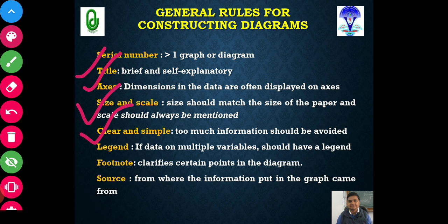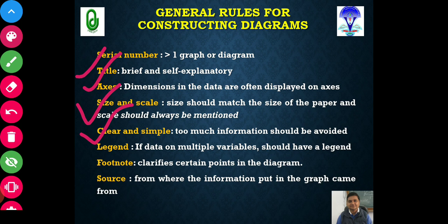We will see what a legend means in the later slides when we see the actual graph. Suppose two states, Gujarat and Rajasthan, and I am comparing Gujarat and Rajasthan. Which figure or color pattern you have used for these two states, you have to write in the legend.